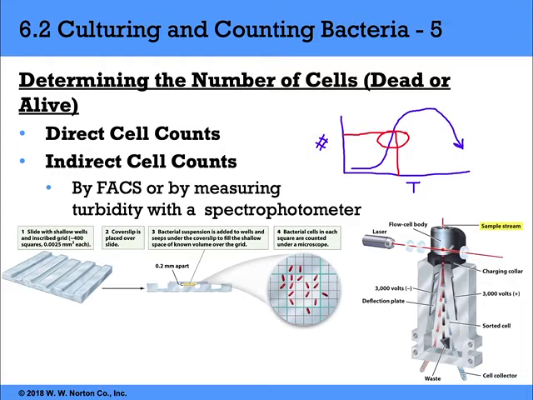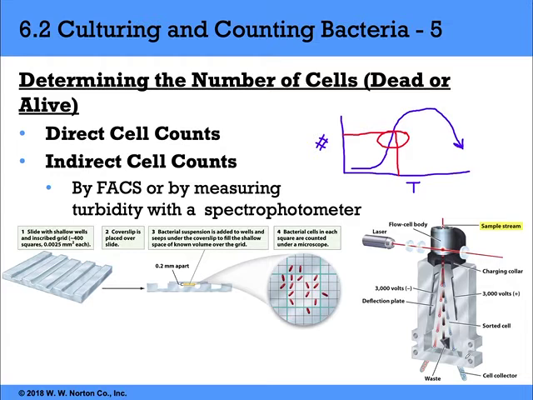There are some methods that do allow us to know that, but they're more complex than what we're looking at here. But anyway, you pass this flow through, the laser hits it, and then a certain amount goes into waste and a certain amount goes into the cell collector so you can recover your sample. The reason for the deflection is the voltage that goes across this little chamber. There's a certain charge associated with the particles that contain cells.